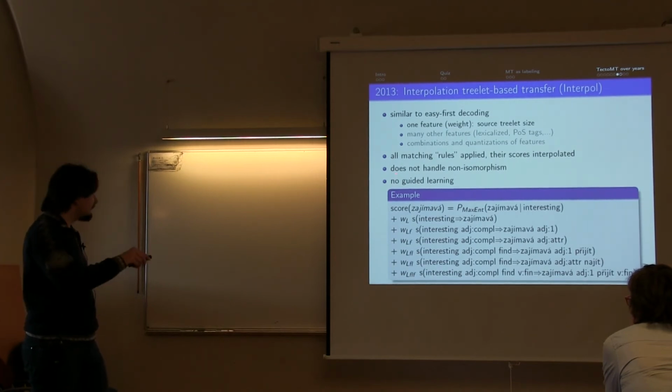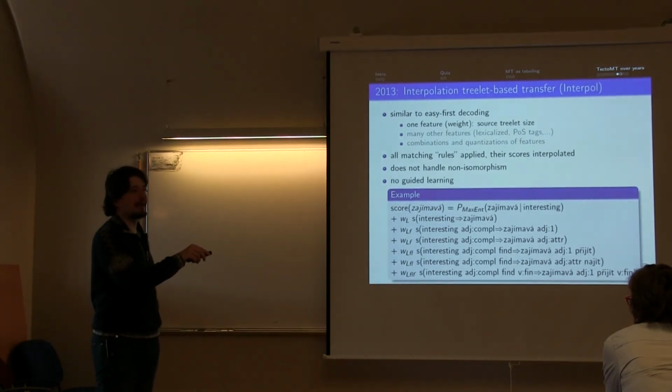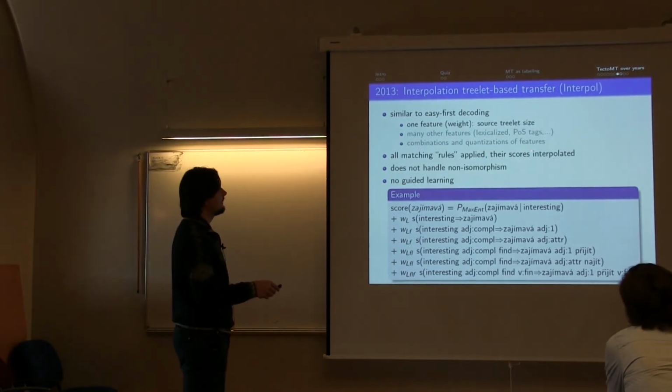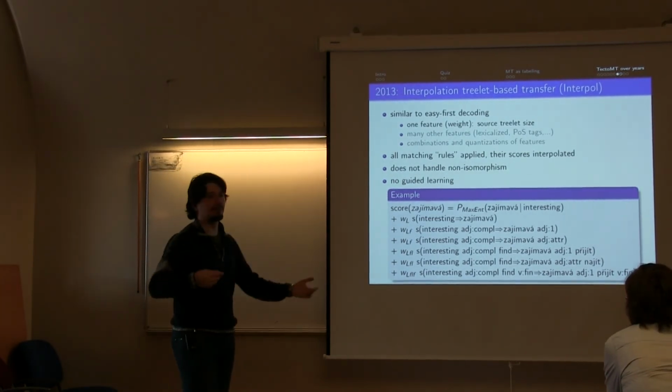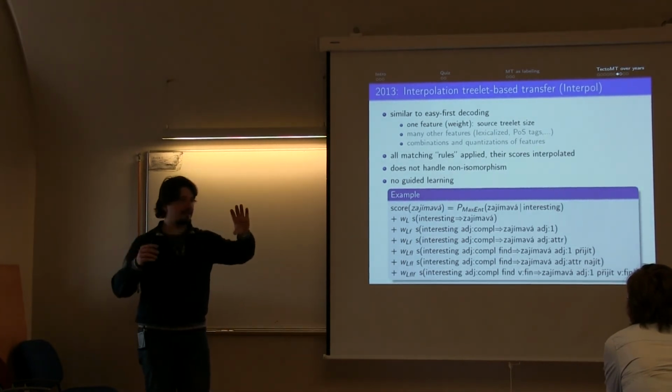So now what's the difference between EasyFirst and interpolation? In interpolation, all matching rules, treelet pairs, are applied at once or in parallel, and their scores are summed up or interpolated. So each rule has some weights.